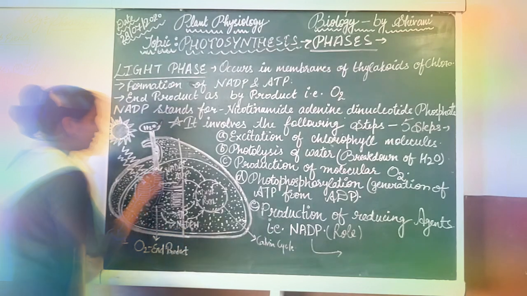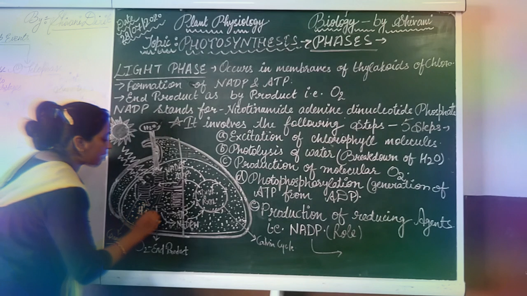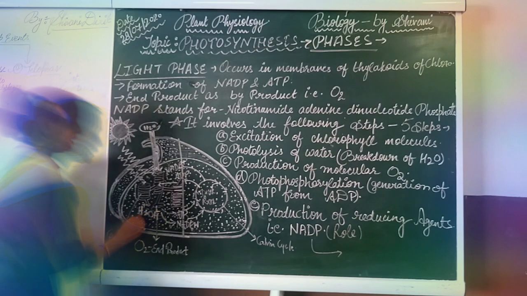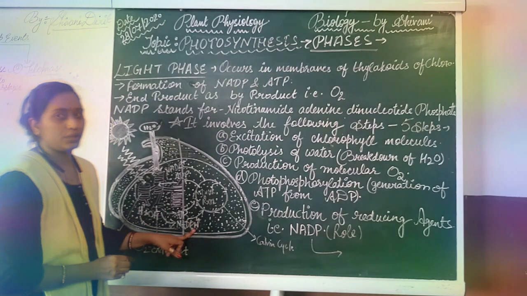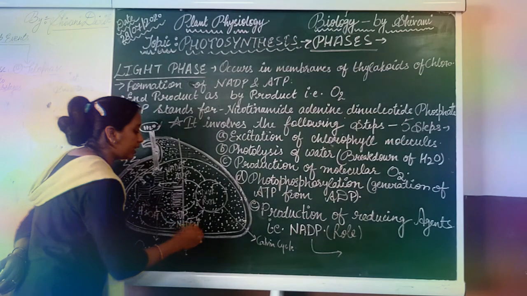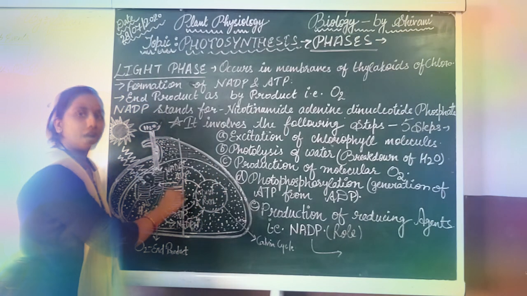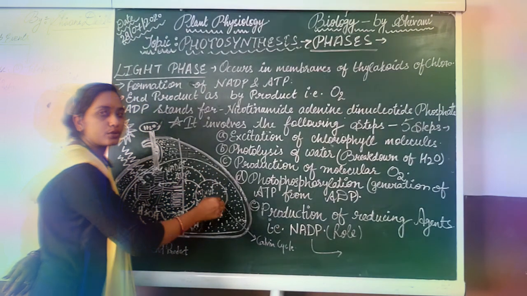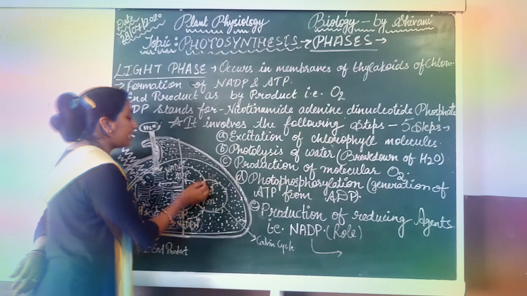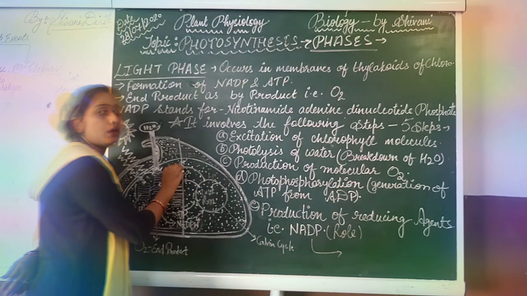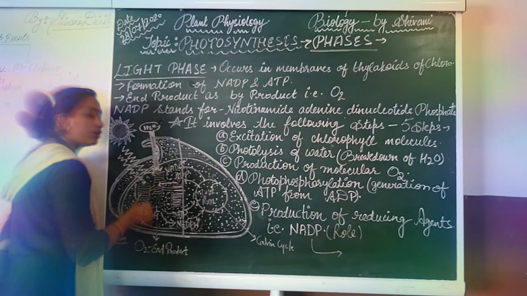When the water is broken down into hydrogen and hydroxyl ions, the hydrogen ion is picked up by the NADP molecule, and this NADP carries the hydrogen towards the dark phase of photosynthesis. During the dark reaction it is dropped there, and the NADP goes back by itself towards the light phase. This is the process going on with NADP.